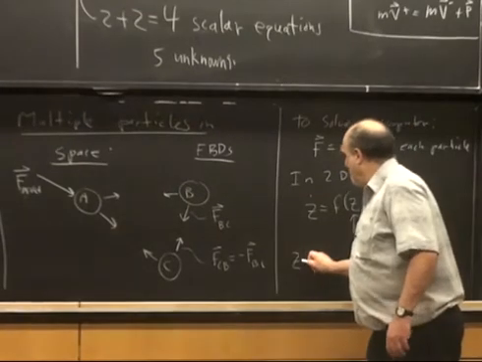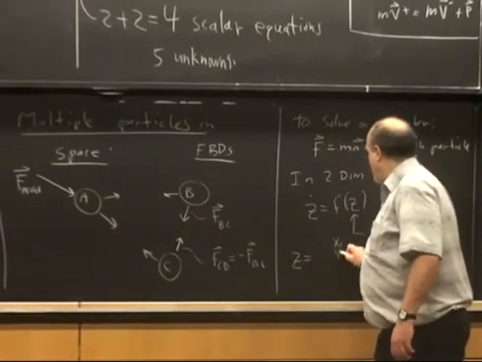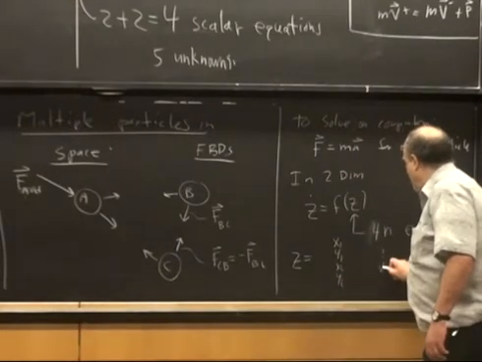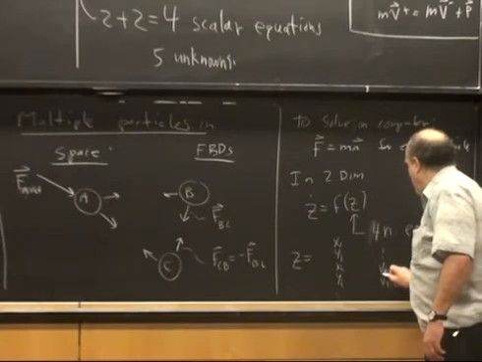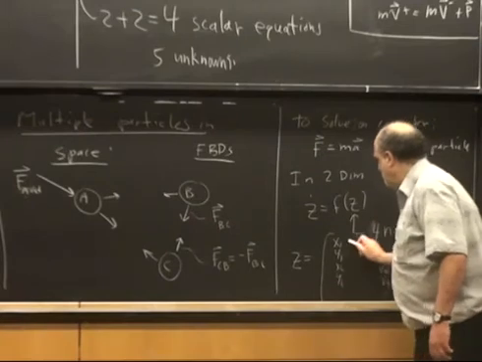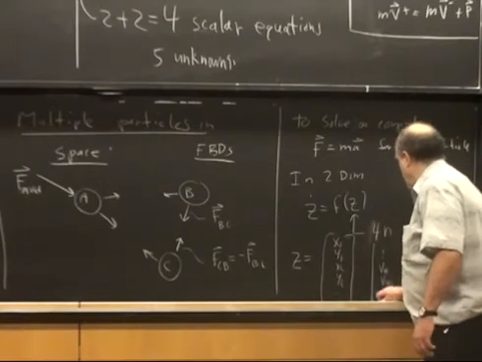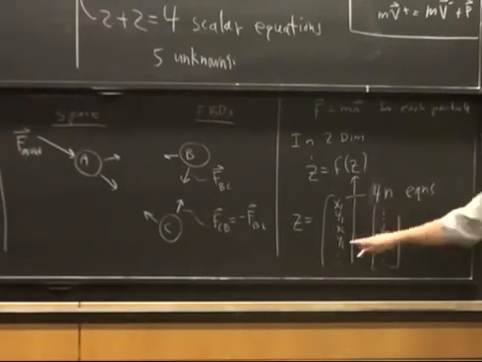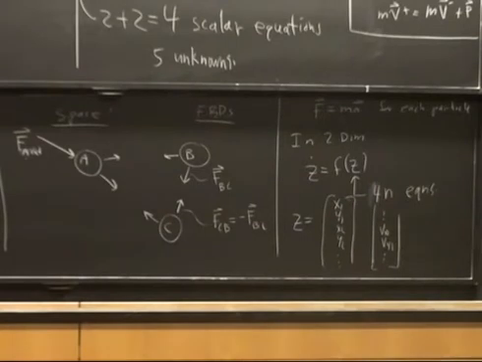So z would be, for example, x1, y1, x2, y2, and so on, then vx1, vy1, and down the line. And if you have room in your notes, write this as a single column vector. I'm just putting dot, dot, dot. This belongs down there. What are examples of interaction forces?